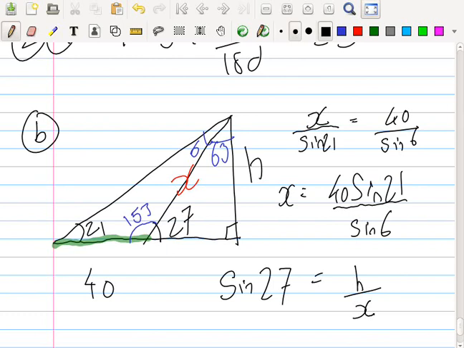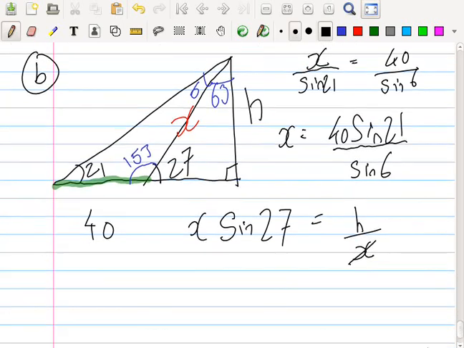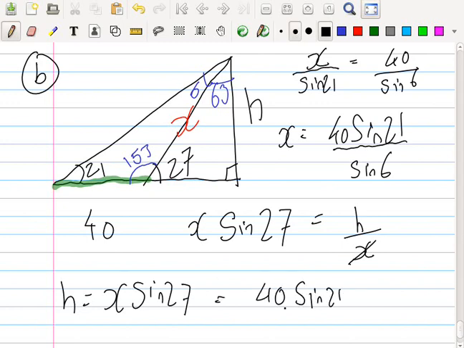Yeah, and what do I want here? The h or the x? H. So I bring the x up here and I have my answer. H equals x sine 27. But you know what x is? It's 40 sine 21 over sine 6 multiplied by sine 27.